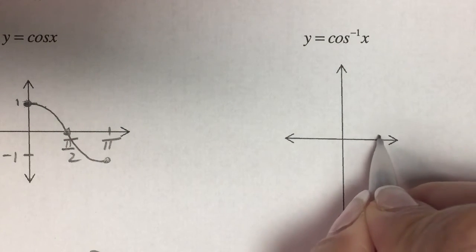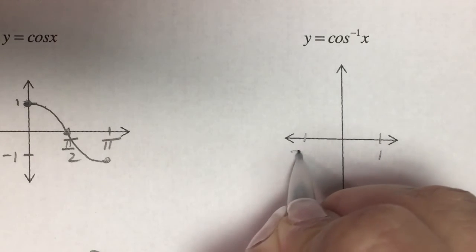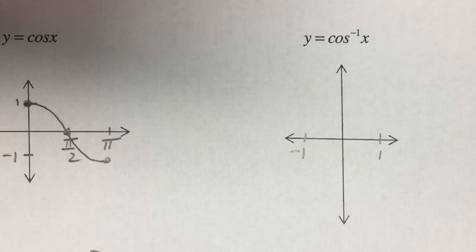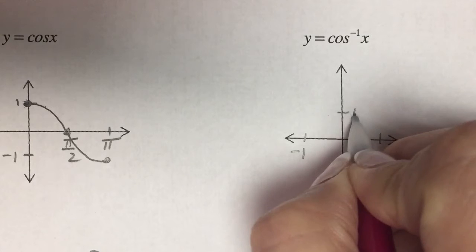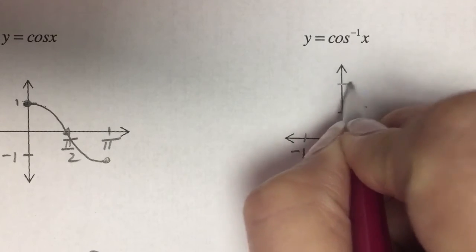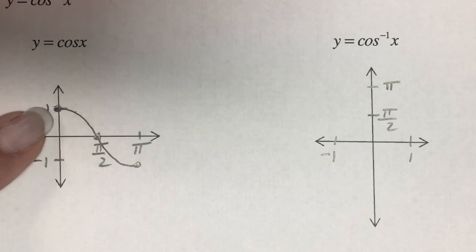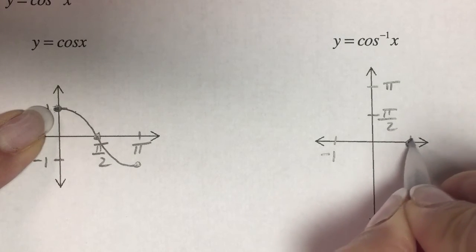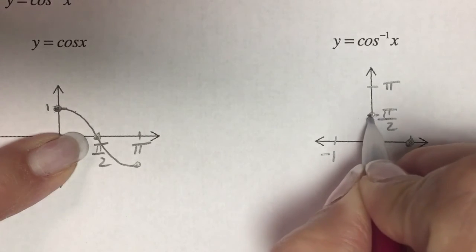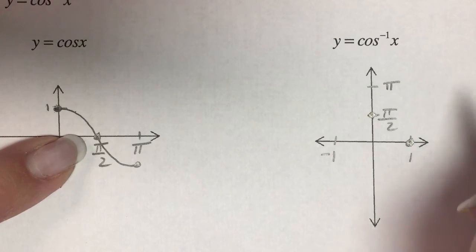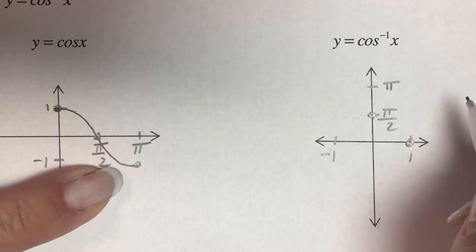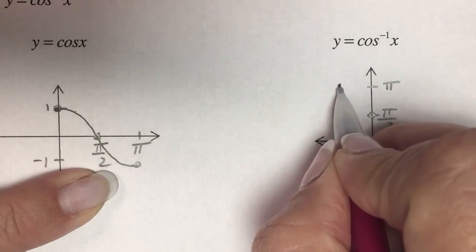All right, so now let's go ahead and flip it to do the inverse cosine graph. So again, our x and y axes are going to flip. So this is going to be pi halves, and this is going to be pi. So if we look back at our graph, this point right here is 0, 1. So I'm going to go 1, 0. It's going to go through the y-axis at pi halves, and this point is pi, negative 1, so we're going to go negative 1, pi.